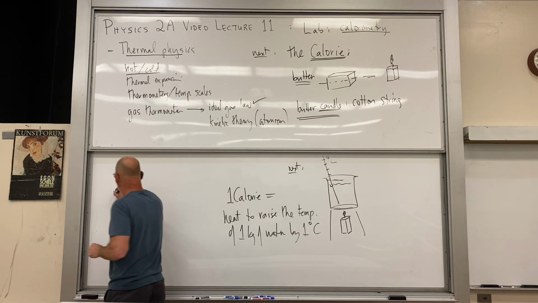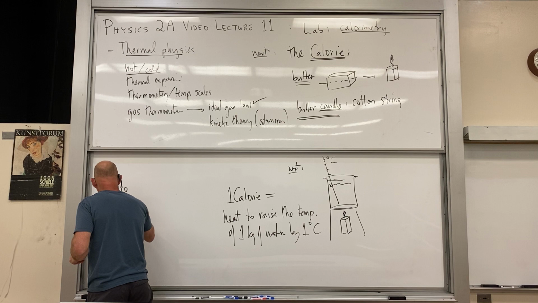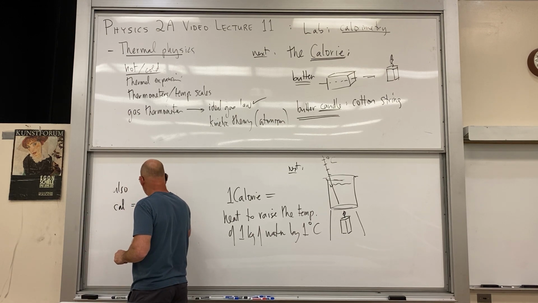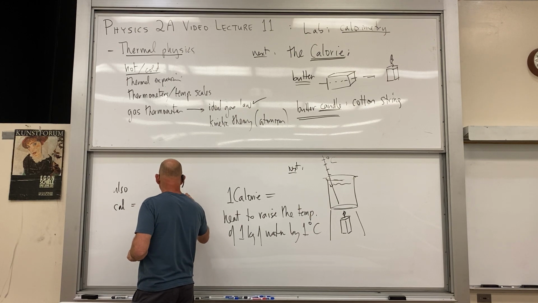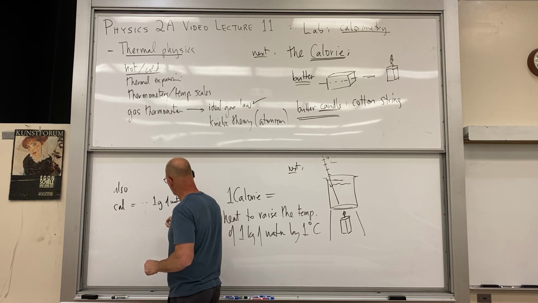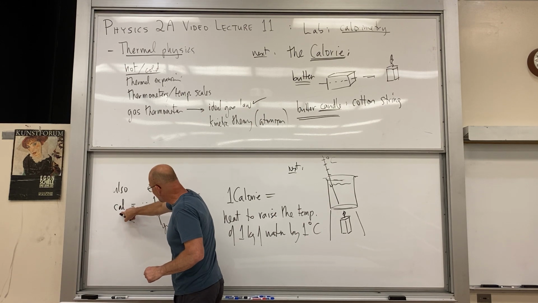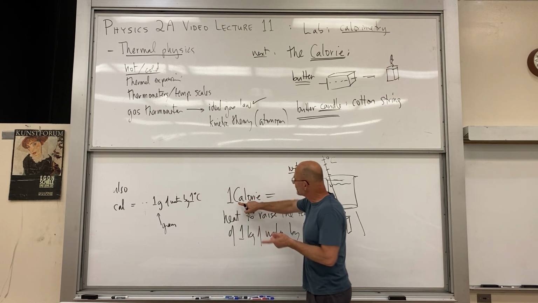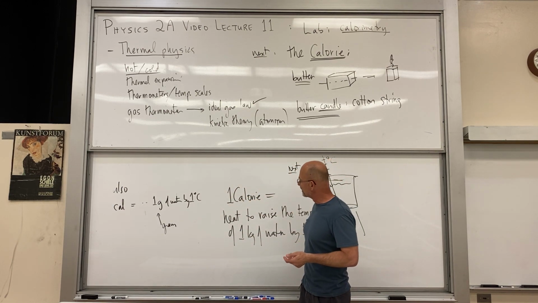Also, if you write the calorie lowercase calorie, then it's 1 gram of water by 1 degree Celsius, okay? Gram. So this lowercase calorie is 1/1000th of the uppercase. That's what the uppercase letter is worth compared to the lowercase.